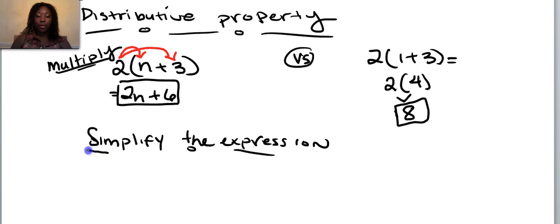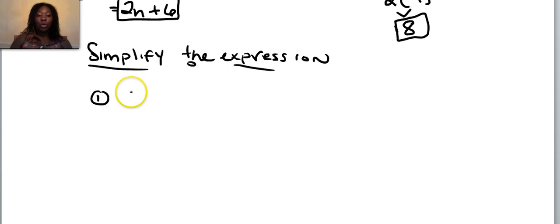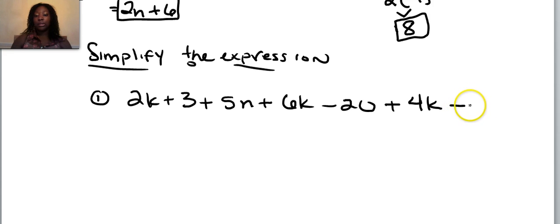So, for example, let's say you have this expression: 2k plus 3 plus 5n plus 6k minus 20 plus 4k minus 10n.